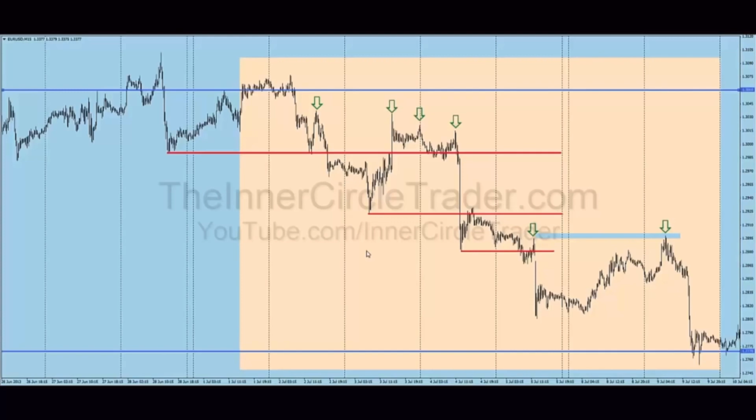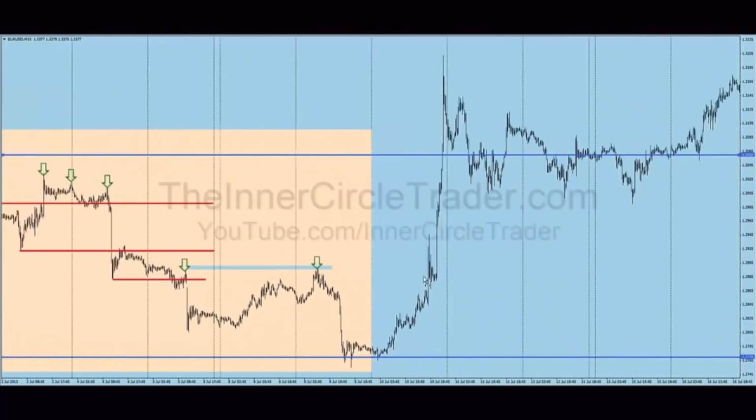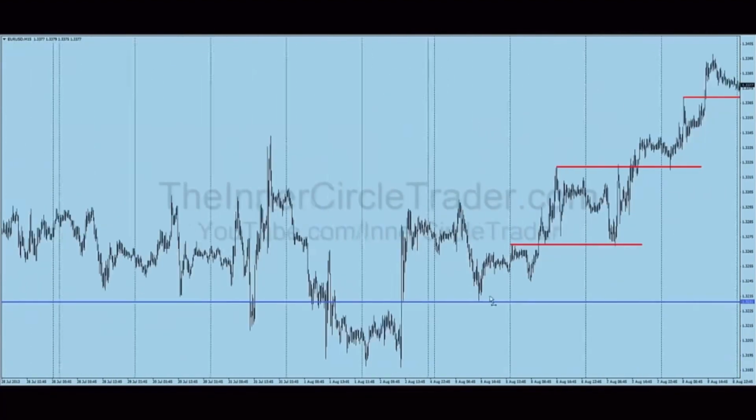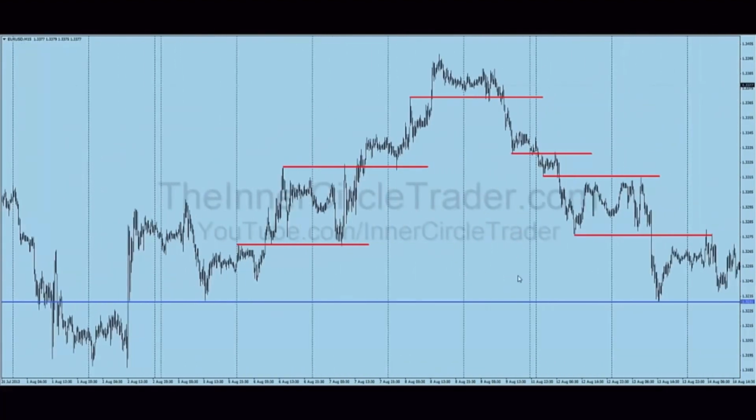Let's look at the notion of fractals in price action, and we're going to move over to our second portion of price action and study this segment of price. This is the second portion of price that I was asking you guys to study.